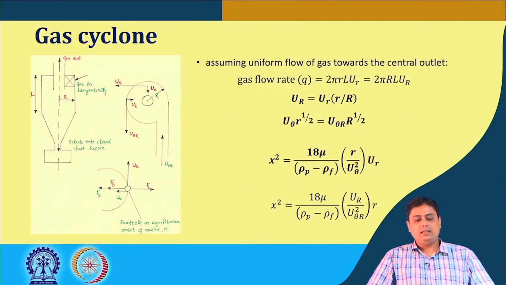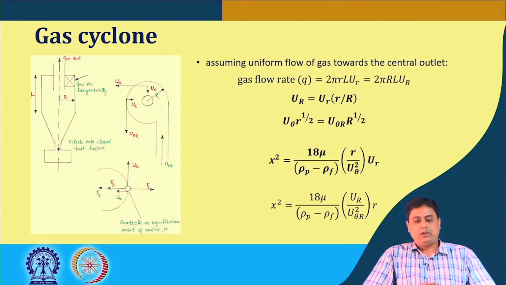So, now if we assume uniform flow of gas towards the central outlet, an ideal scenario, then the gas flow rate at every plane remains the same, because that is the net flow rate happening at every plane.